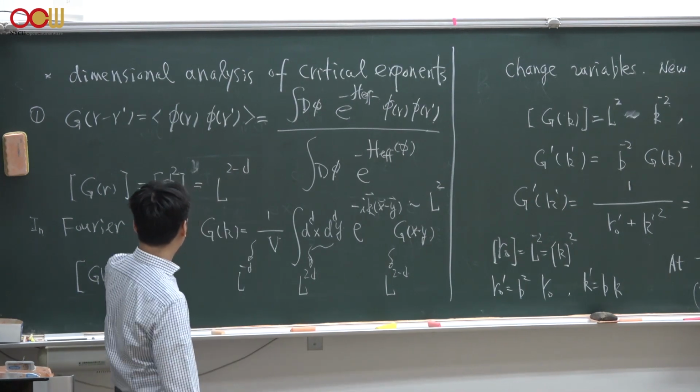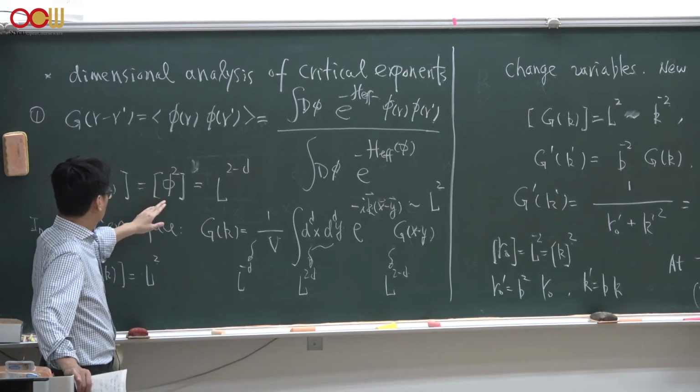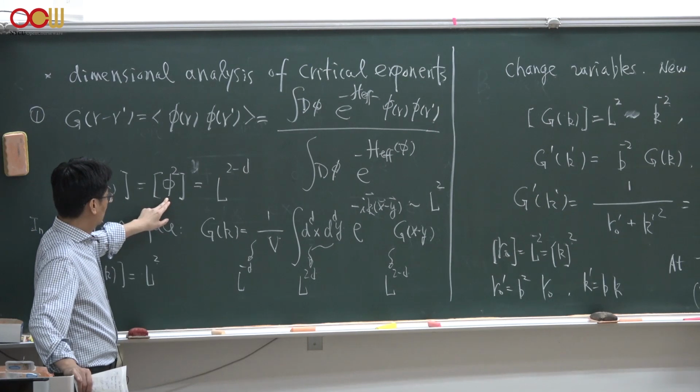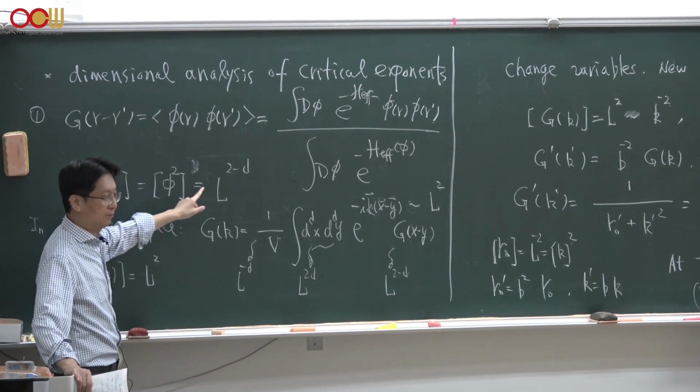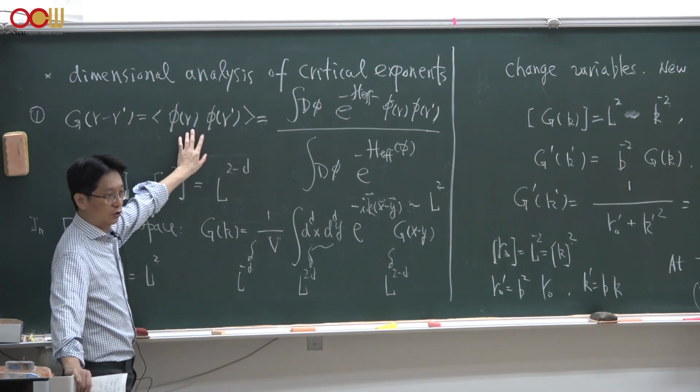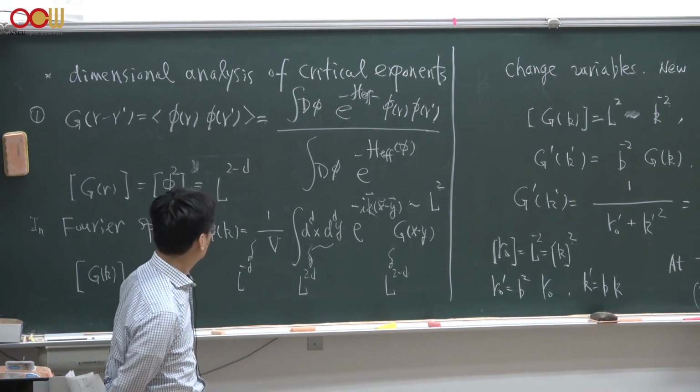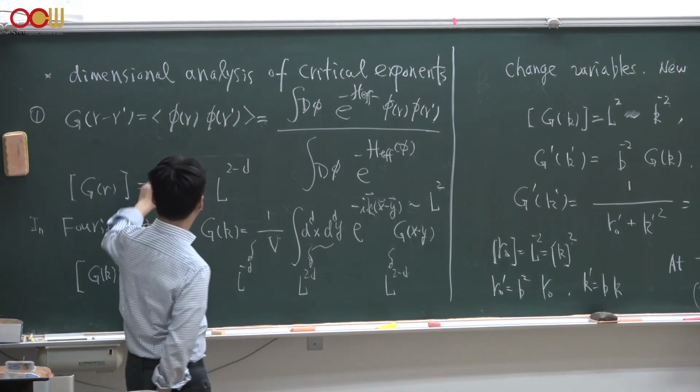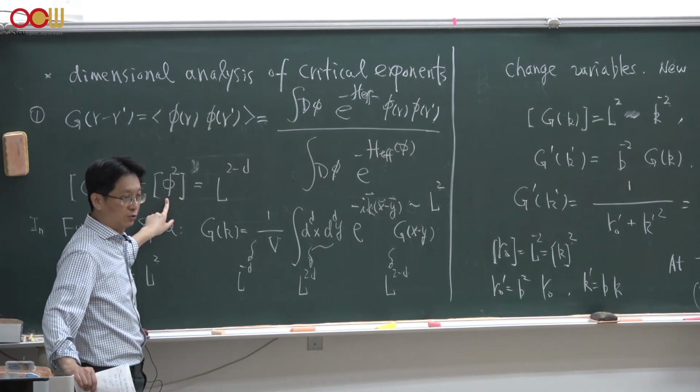And we know from previous lectures that the dimension of phi goes like (2 minus d) divided by 2. So g of r, since it contains just two order parameters multiplied together, has the dimension of phi squared.